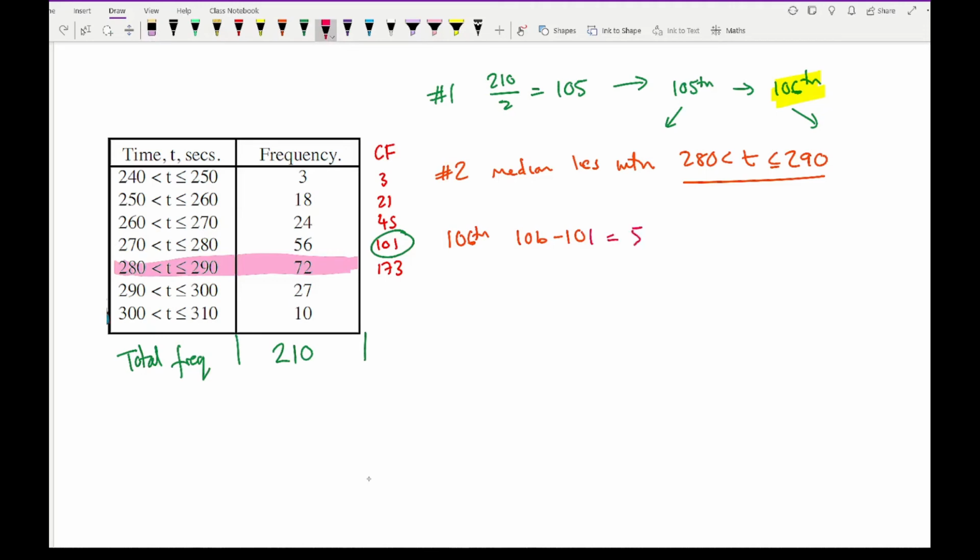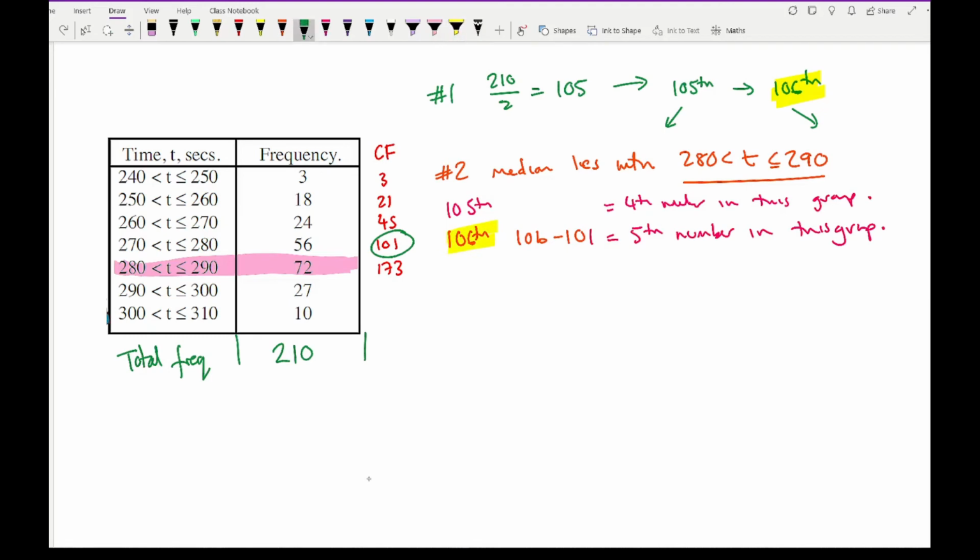So I'm looking for the fifth number in that group. And for the other one, for 105, that will be the fourth number in this group. But we're going to find the 106th number.